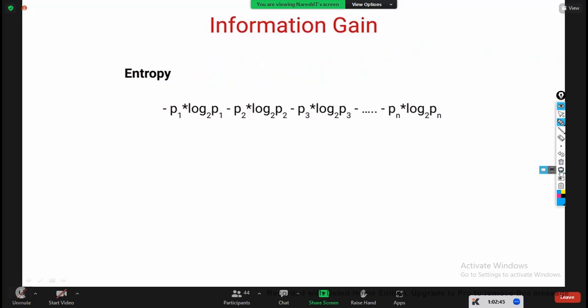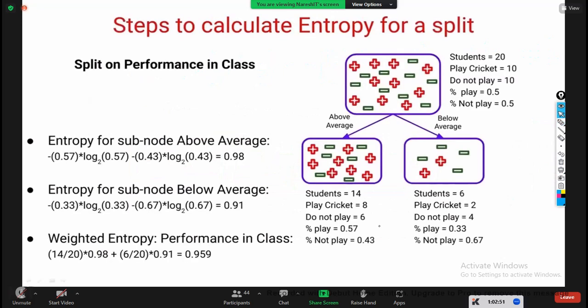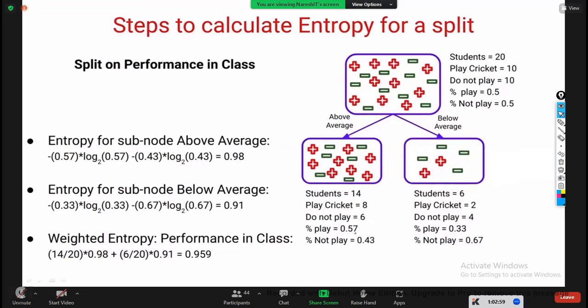Now, let us see how to calculate the entropy. Here, same example as earlier. Number of students are 14, out of which 8 will play, 6 will not play, and the probabilities are 0.57 and 0.43.